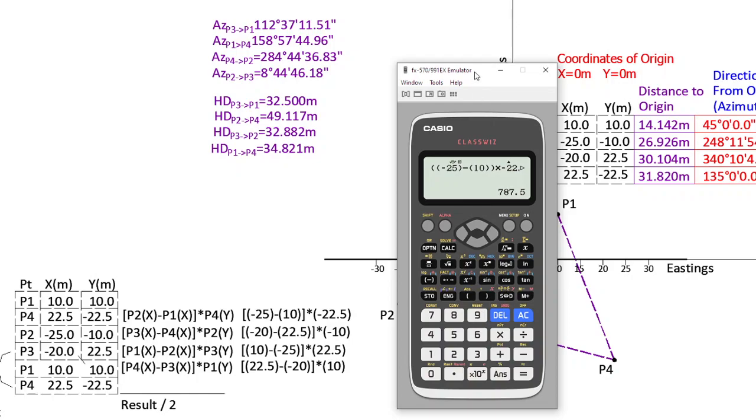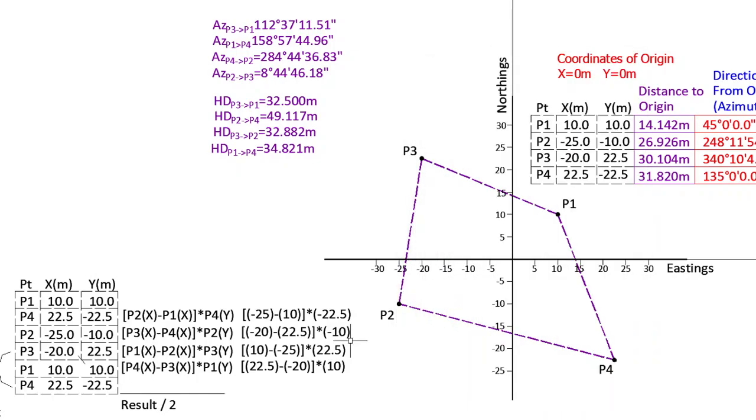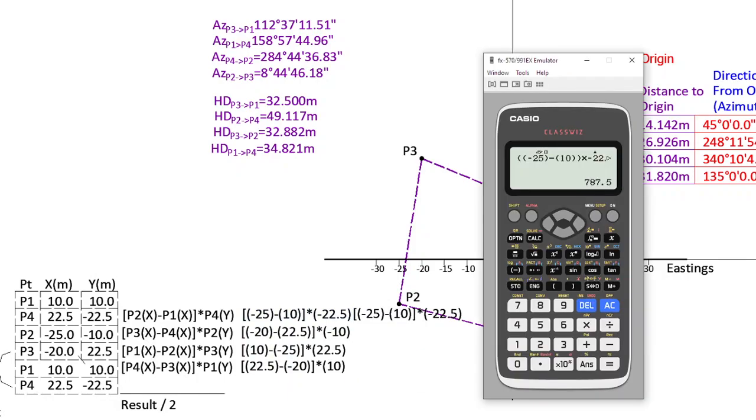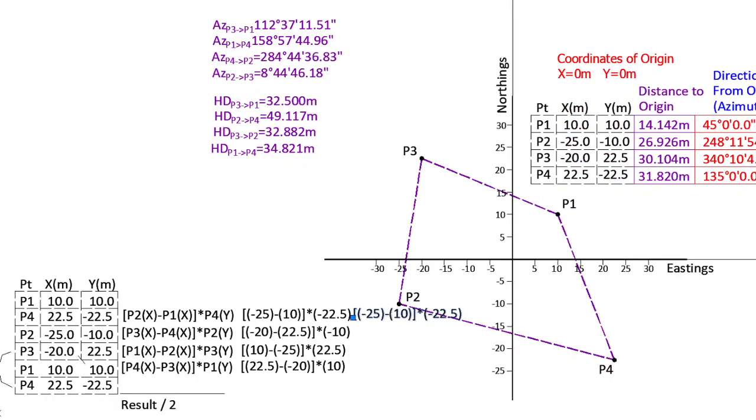And that's my result, 787.5. Just going to move this number there, this here. Okay. Just going to place that here. And my result is 787.5.